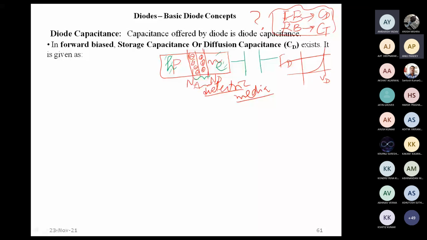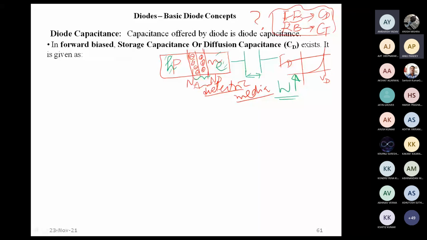The dielectric media here actually has a unique nature: if we apply a reverse bias voltage across this PN junction, then the width of this depletion region increases. So it is not a fixed parallel plate, but it is a kind of parallel plate capacitor in which the separation between the plates can be varied with the applied voltage across it.